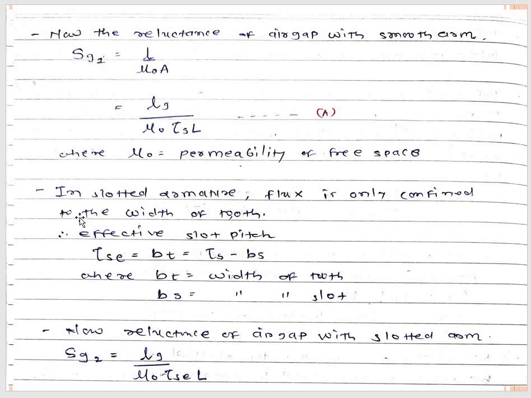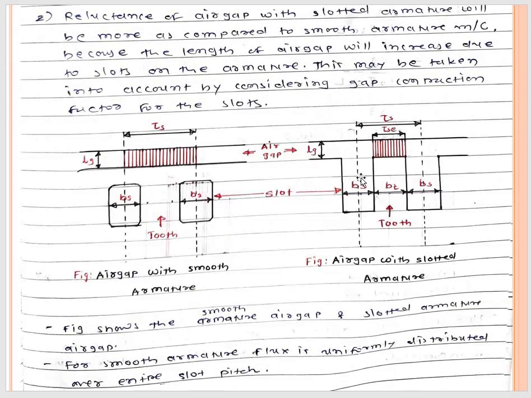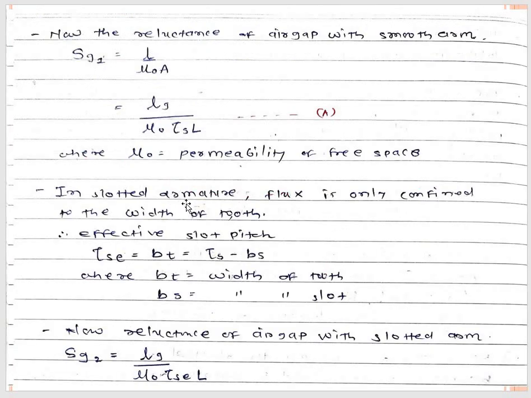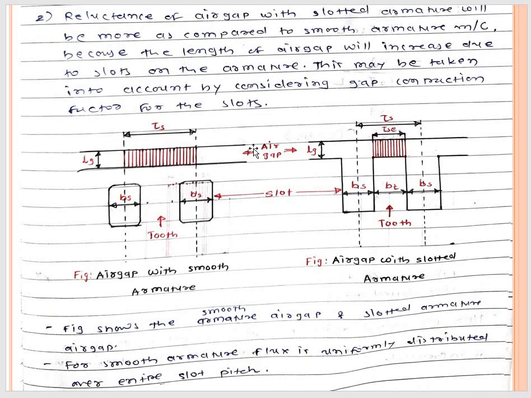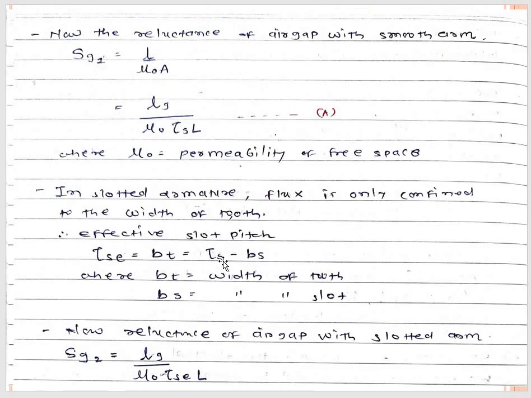Now in slotted armature, flux is only confined to the width of the tooth. So we can see that in slotted armature the magnetic flux is distributed only over the width of the tooth. The effective slot pitch is given by tau se equal to tau s minus Bs.